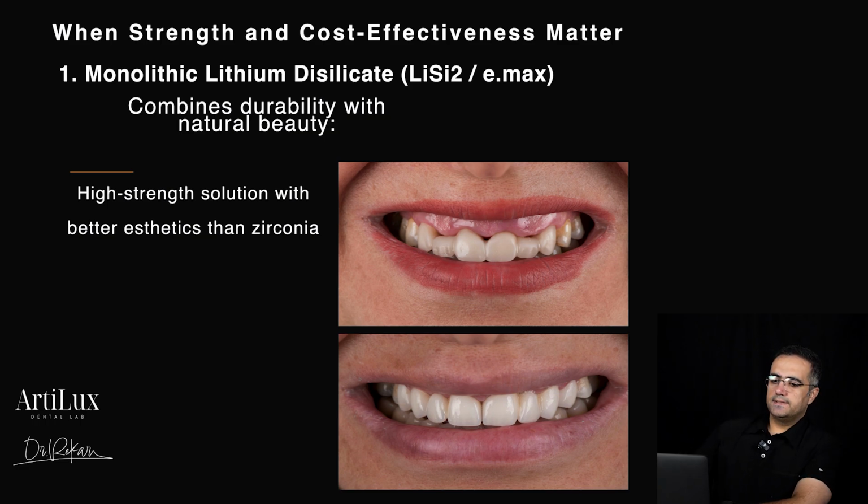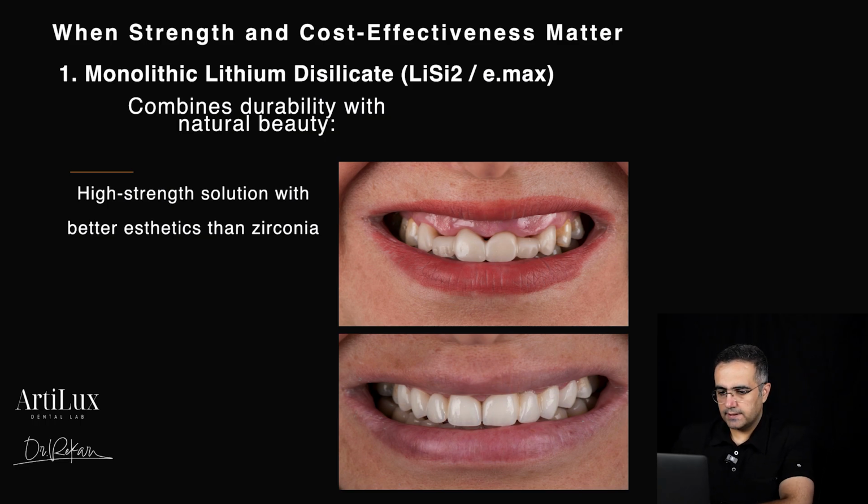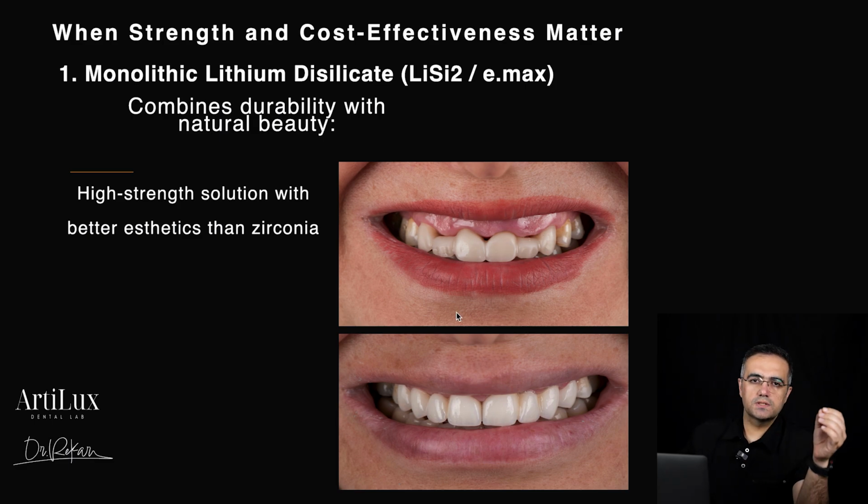The second indication for monolithic lithium disilicate with only staining is in cases when there is a bridge, especially in the aesthetic zone. When a patient has missing lateral incisors, we can use lithium disilicate to make a bridge because we know there is not too much force on the lateral incisors and the space is very small.